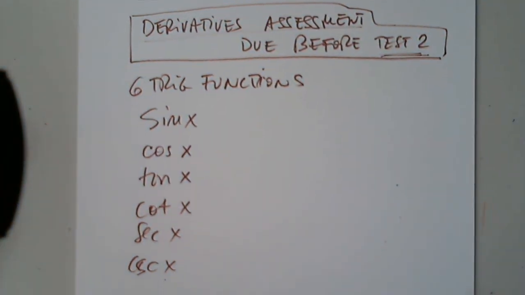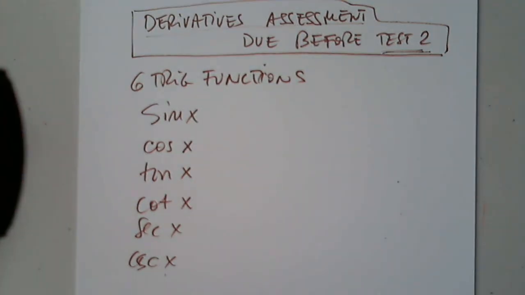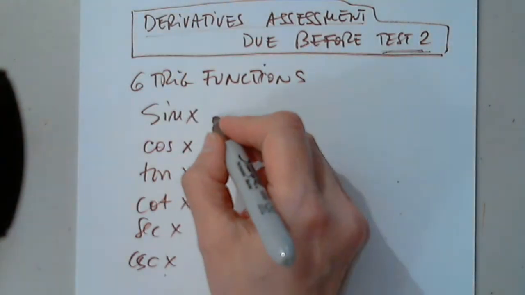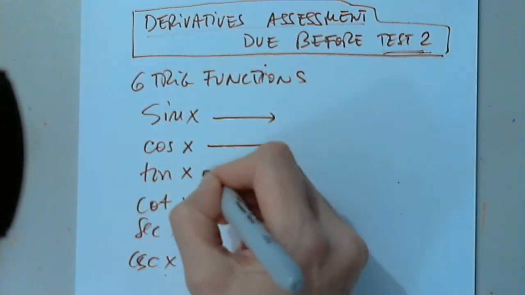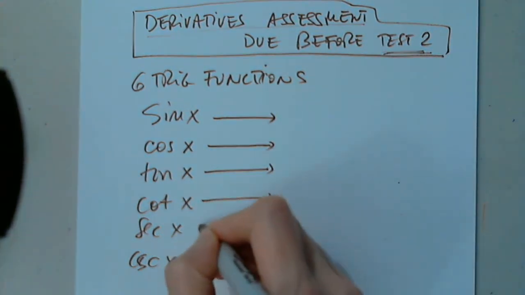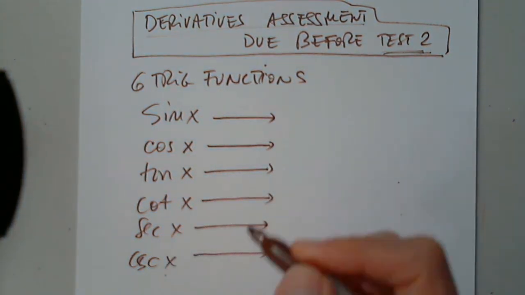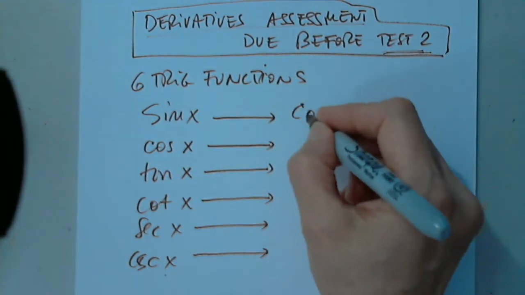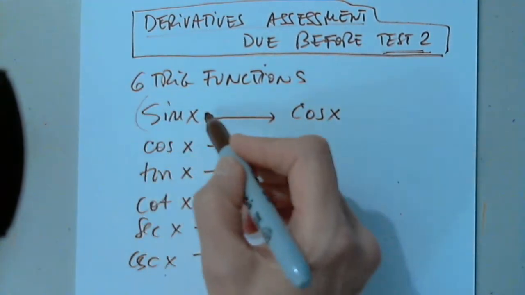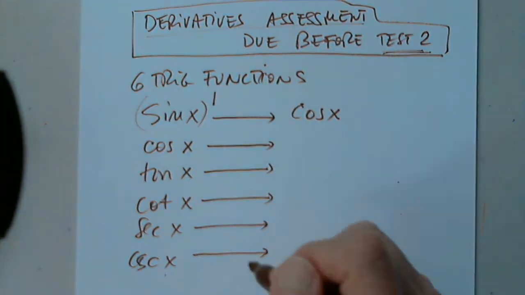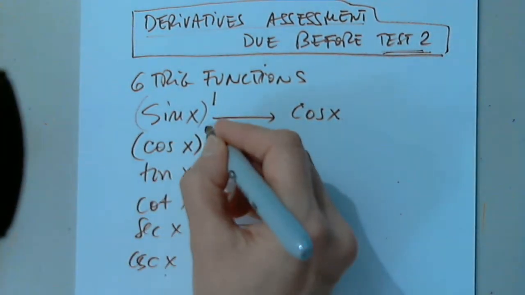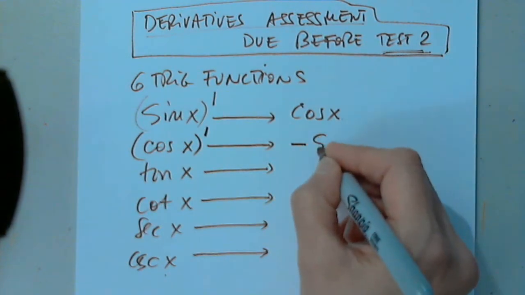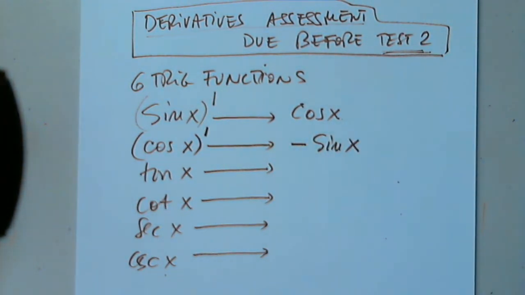It will take about 10 minutes for me to prove sine and cosine if you'd like. I will just show you the first two and I'll give them. So sine prime is cosine. Cosine prime is negative sine x. And the rest we can develop very easily.